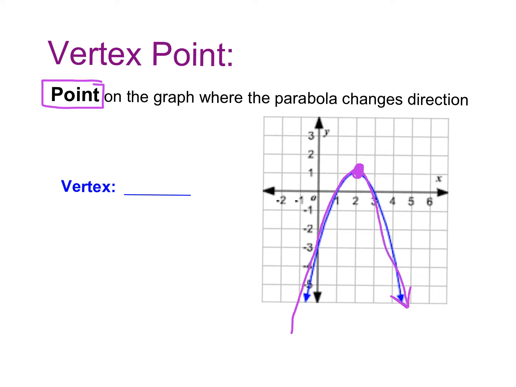That's called our vertex point. And every single parabola will have a vertex point. The vertex point on this particular graph, where the graph changes direction, is the point x is 2, y is 1. And every single quadratic will have one of these points, and it's our job to identify it.